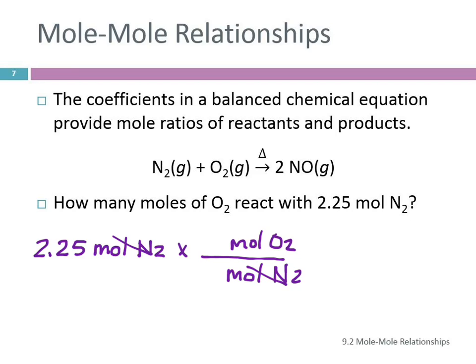We put the units in first, and then we look for numbers. The numbers come from the balanced chemical equation. The number in front of nitrogen and the number in front of oxygen. There is 1 mole of nitrogen for every 1 mole of oxygen. So it's 1 and 1, and we come up with 2.25 moles of oxygen, which is what we figured out just by thinking about it.